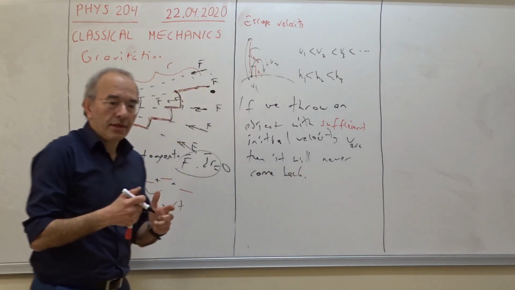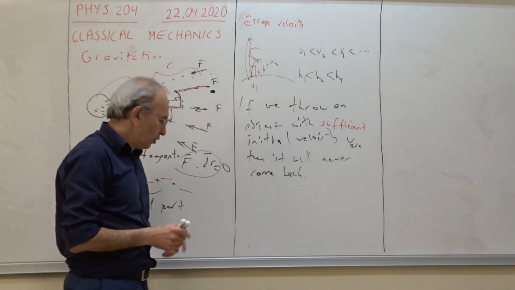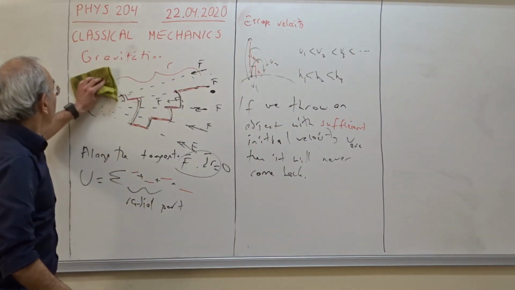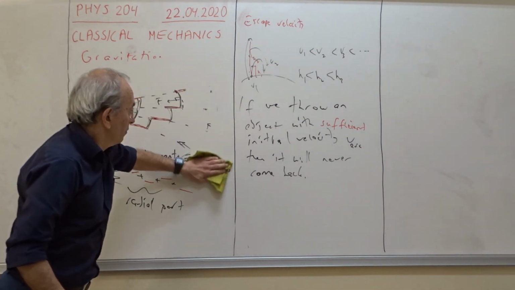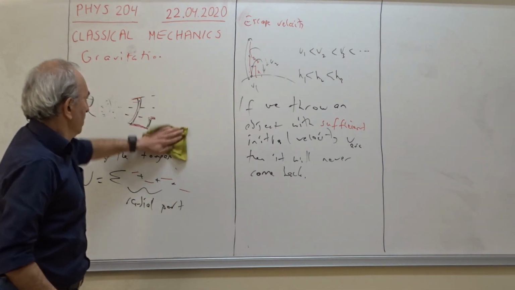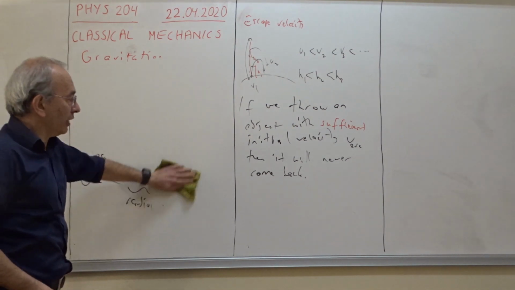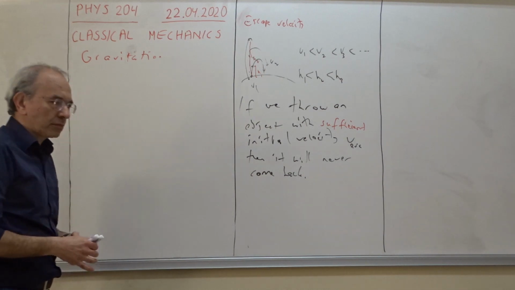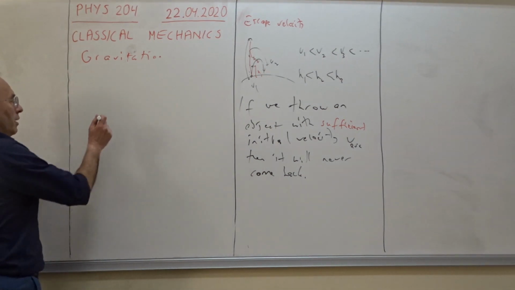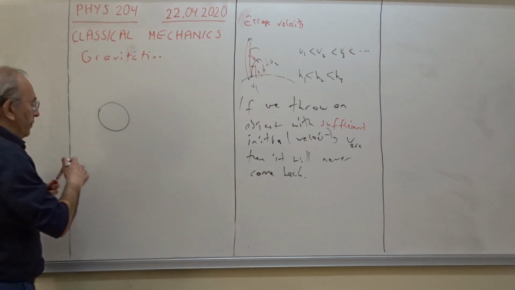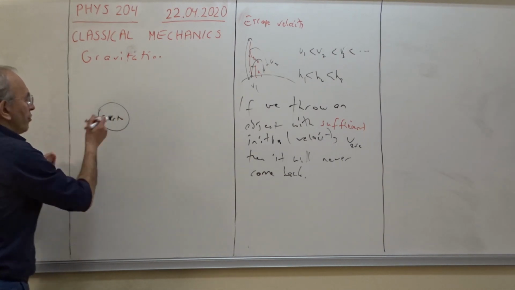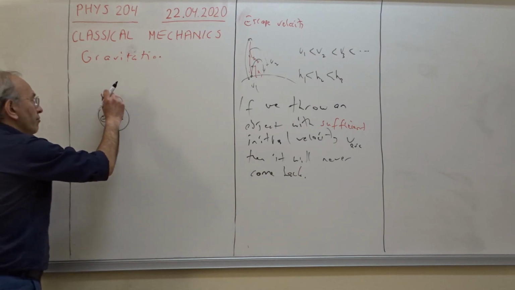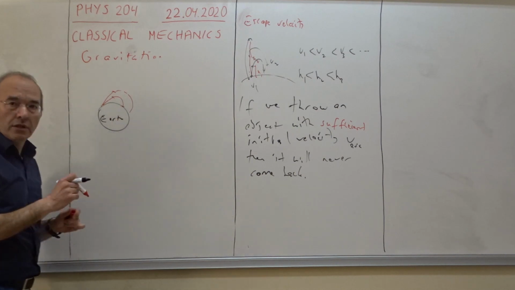Now let's try to find this minimum necessary velocity by some energy considerations. This is our Earth, and we throw something into the air and it falls back. If you throw something with a greater velocity, it will still come back.